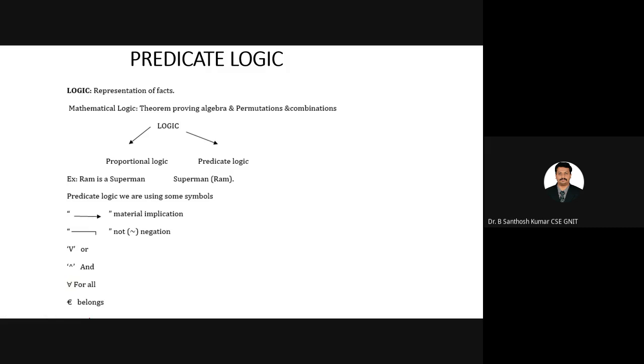For predicate logic we use some symbols. The first one, previously we said it is the implies symbol; here for predicate logic it is material implication.